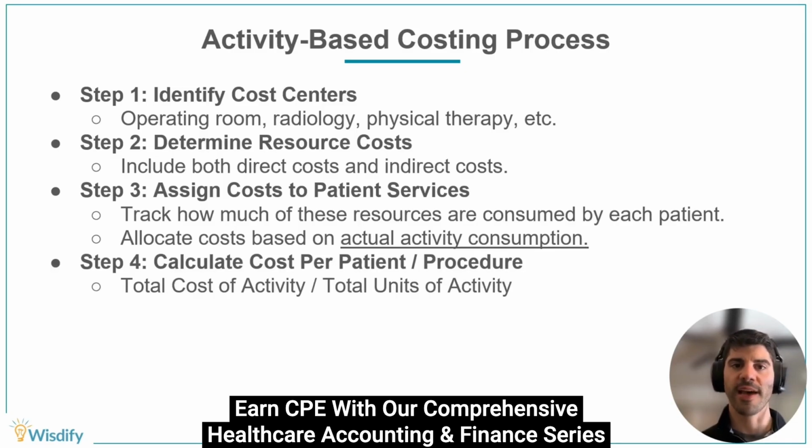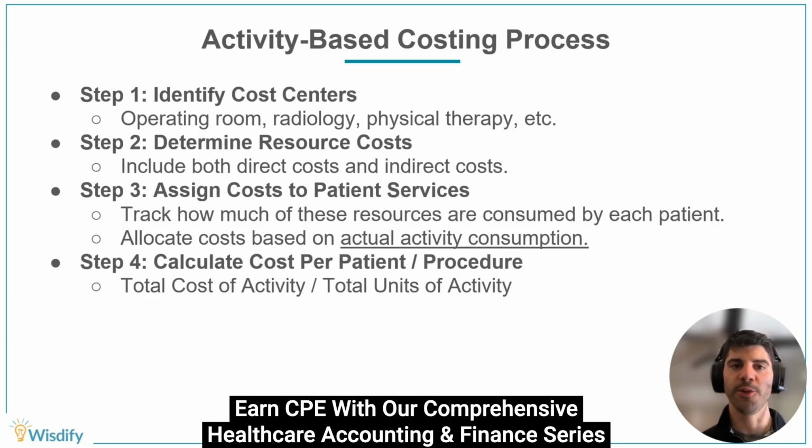And the last step is to calculate the cost per patient or procedure, again, depending on what you're trying to measure. And if we were tracking something at the patient level as an example, we might figure out that a patient required 1 MRI, 2 lab tests, and an hour of nursing care in total. And that comprised all the services that we gave to this patient.